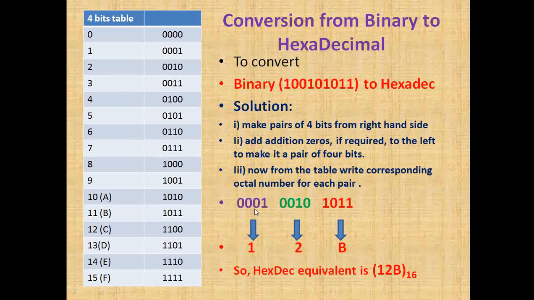So this group 0 0 0 1 is for 1, so we will write 1 for this. 0 0 1 0 is for 2, so we will write 2 here, and 1 0 1 1 is for 11, that is written as B in hexadecimal, so we will write B here, and finally the hexadecimal equivalent will be 12B at the base of 16. So this is how we can convert binary to hexadecimal.